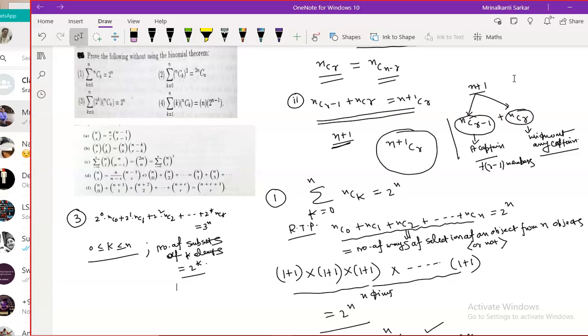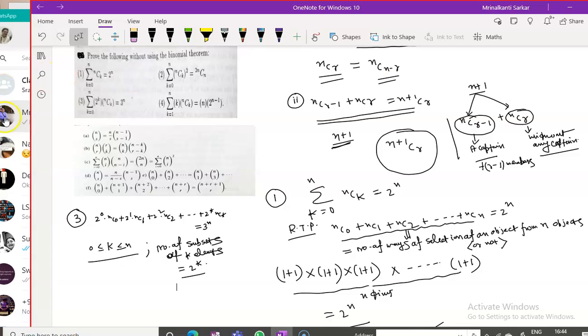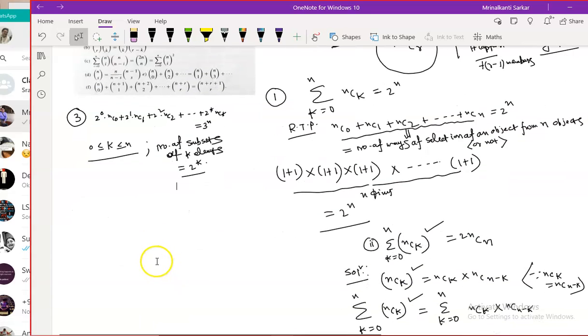Number 2, he is entering the committee but not the subcommittee. Number 3, he does not belong to the committee and hence does not belong to the subcommittee. So for each person, 3 options are there. Let us summarize the solution here.